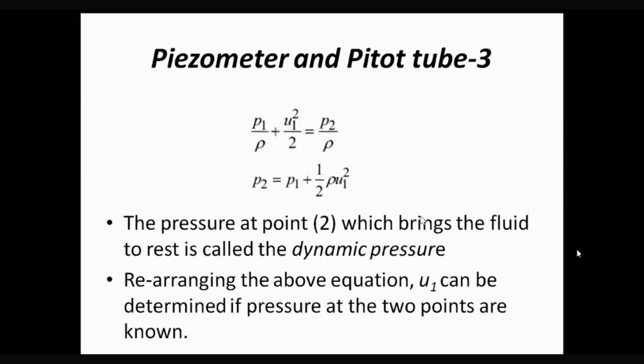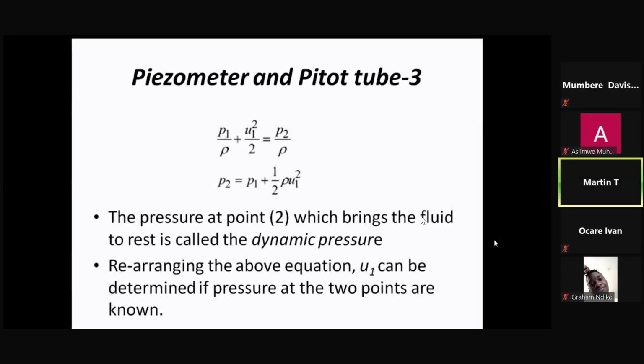Now, what we are seeing is that we have pressure 2, which is equal to the pressure at point 1 plus a half rho V1 squared, or U1 squared.